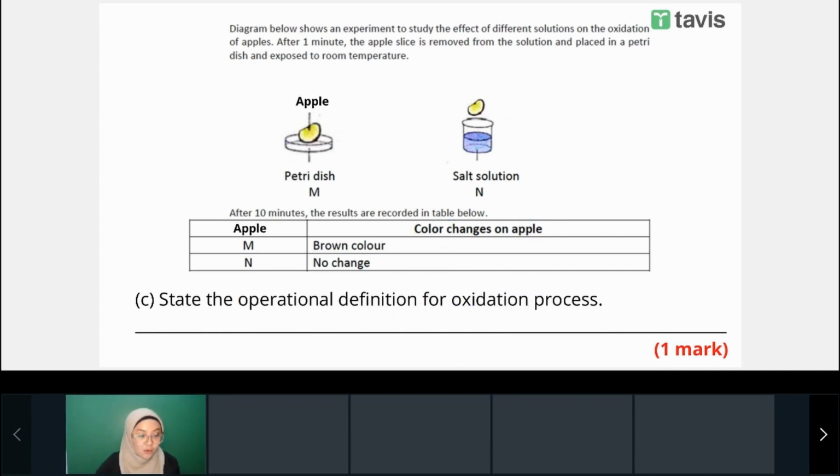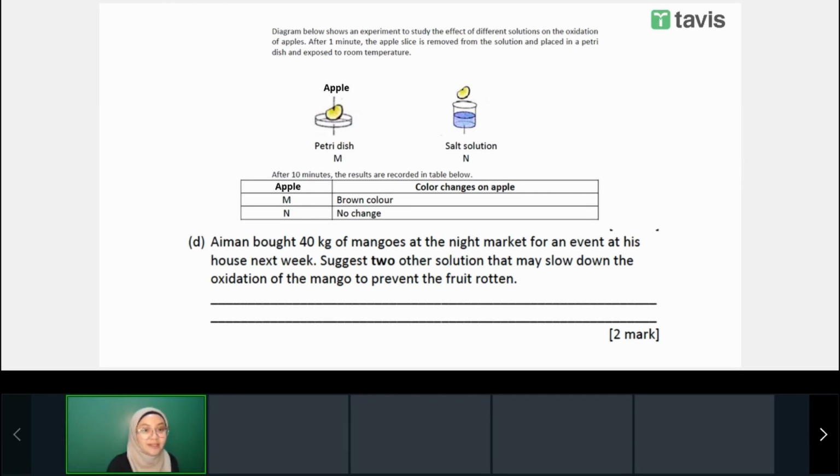Now let's go to question C, the final question for today. Question C is the application question. Aiman bought 40 kilos of mangoes at the night market for an event at his house next week.